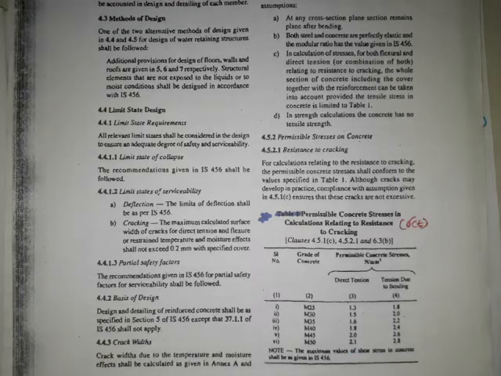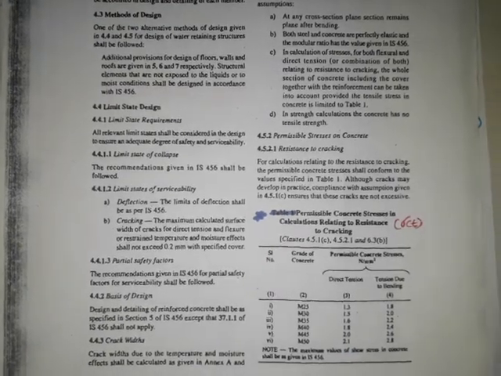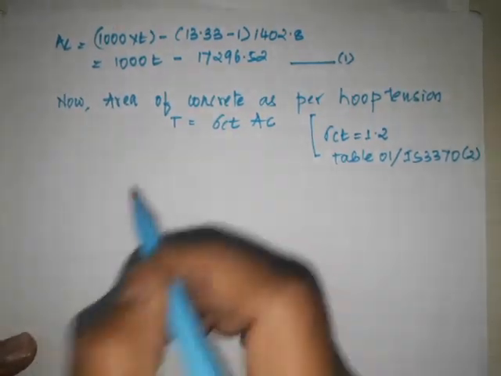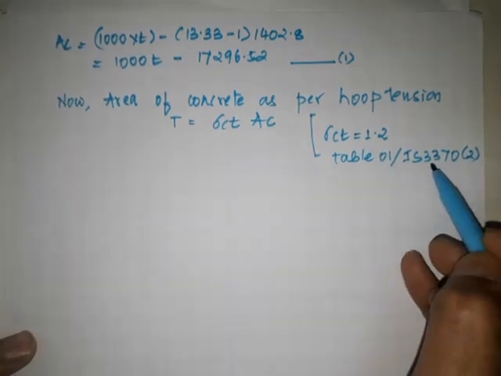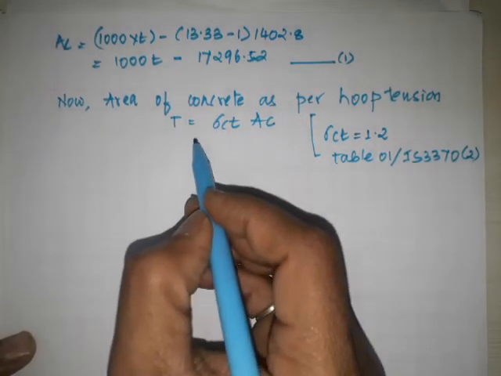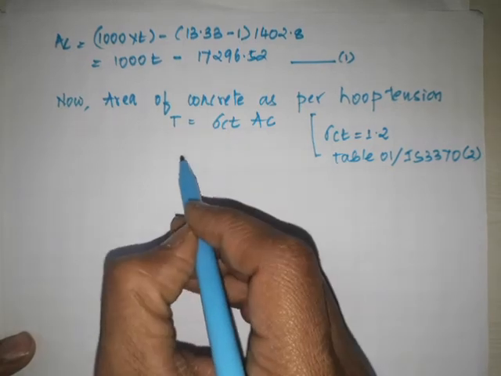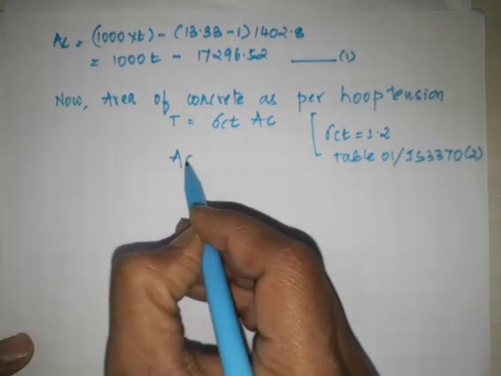Okay, by considering that, you have to find out the AC. So you have to note it down: sigma CT is equal to 1.2 as per Table 1, IS 3370 part 2. From this you have to find out the AC, area of concrete.